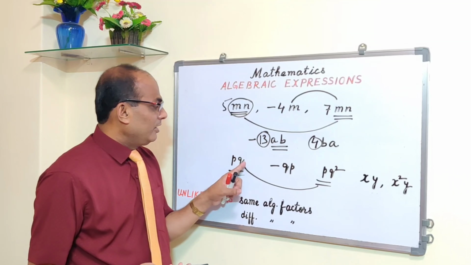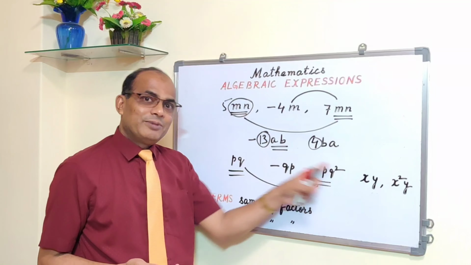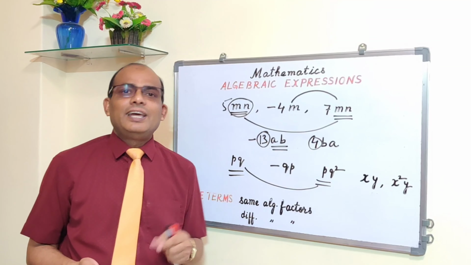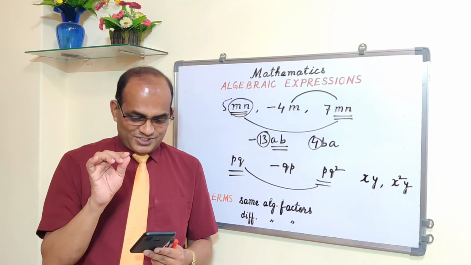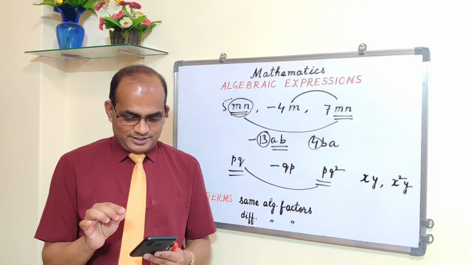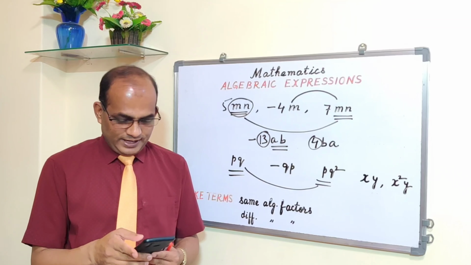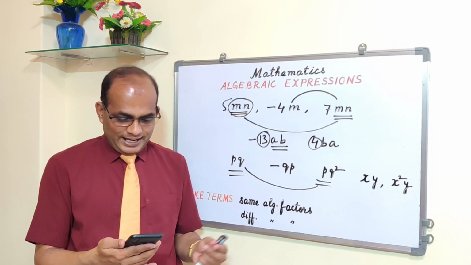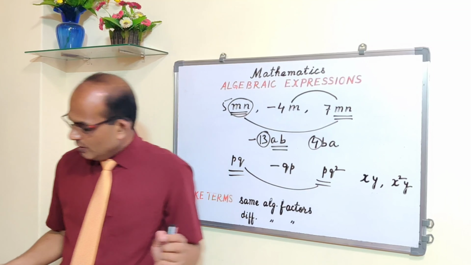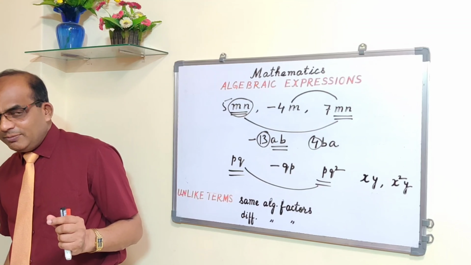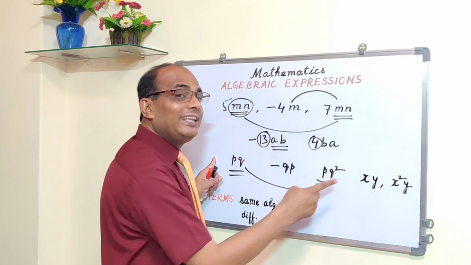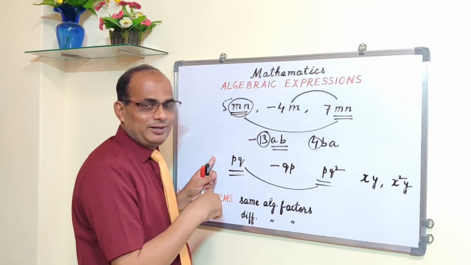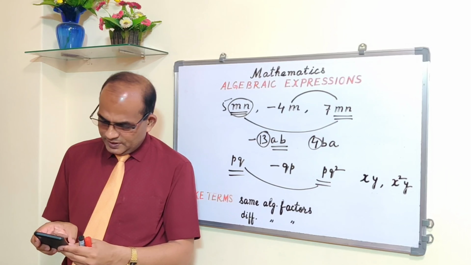For example, here the variable is P and here the variable is P. See the power. Here the power of Q is 1 and here that of Q is 2. They are not the same, so they are not like terms. So first of all, we need to check whether the variables are the same or not, and then we have to check whether the power of the variable is the same or not. Is that fine? Now there is one question.